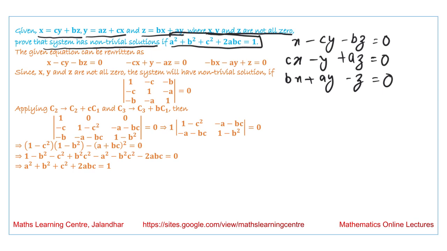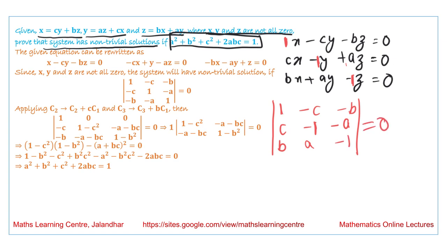And we know that this system will have a non-trivial solution if the determinant of the coefficients is 0. The coefficients here are 1, 1 and 1. So we are writing 1, minus c, minus b, then c, and then this value we will have is minus 1, and this value is minus a. These coefficients will be b, a and minus 1. It is given that this determinant is equal to 0.